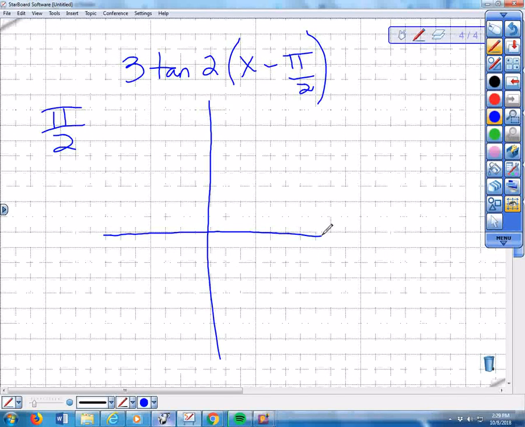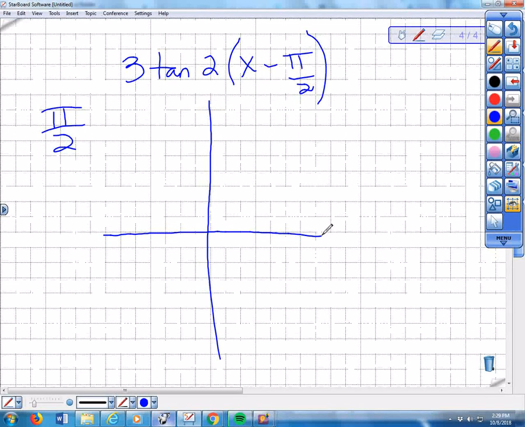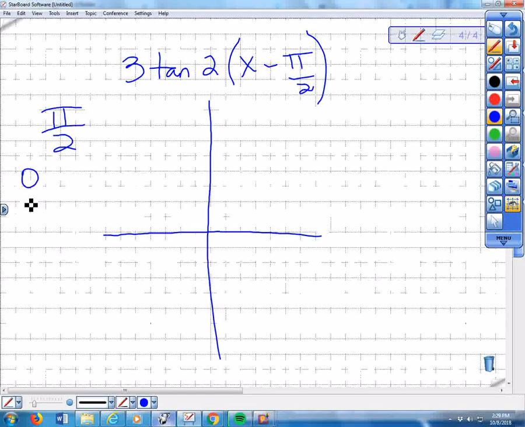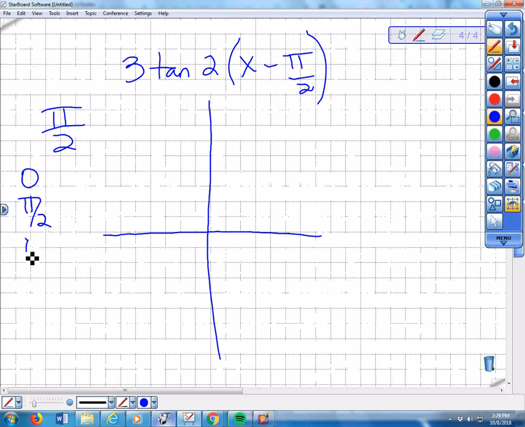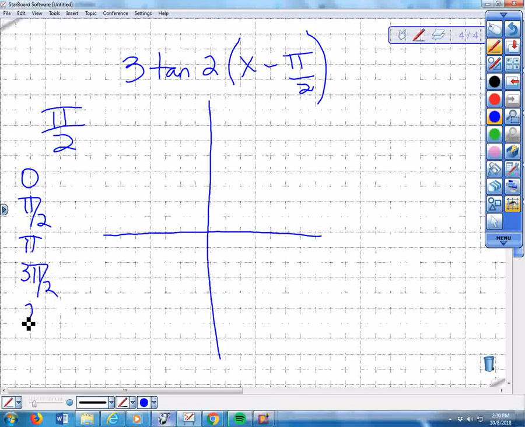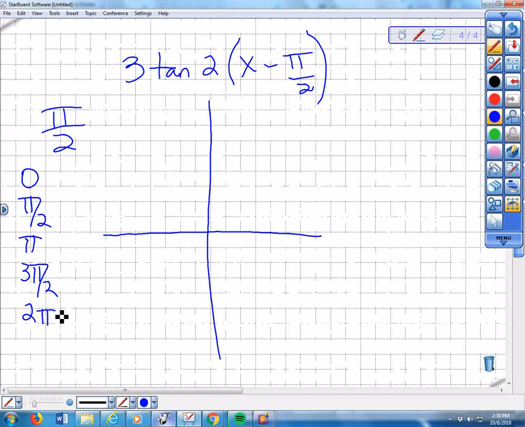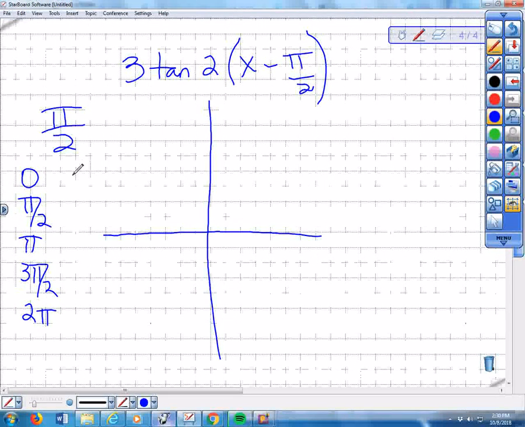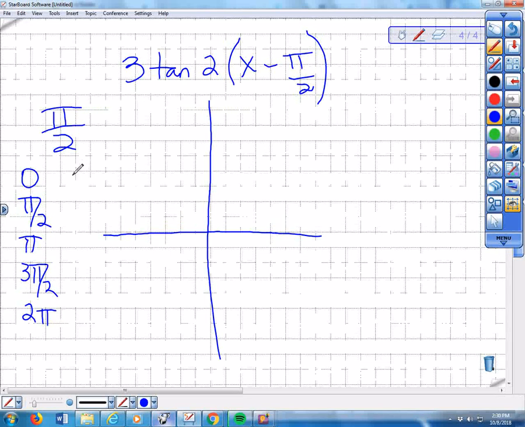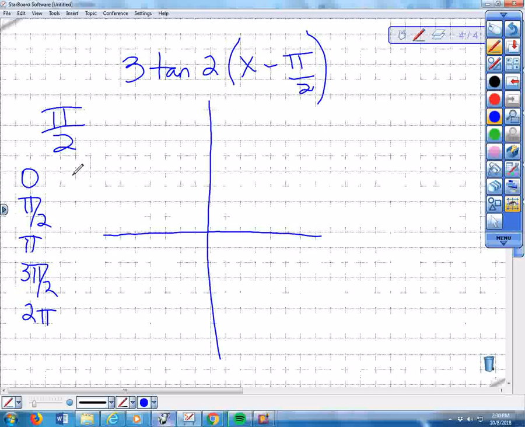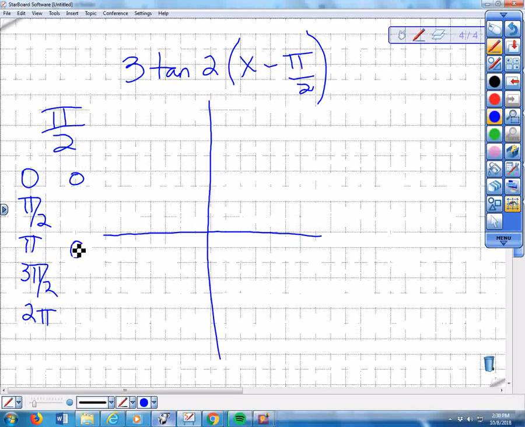And cosine is 0 at pi over 2, 3 pi over 2, and those iterations. Maybe it would help if we do y here. For a tangent, it's 0 when sine is 0, so it's 0 here, here, and here.